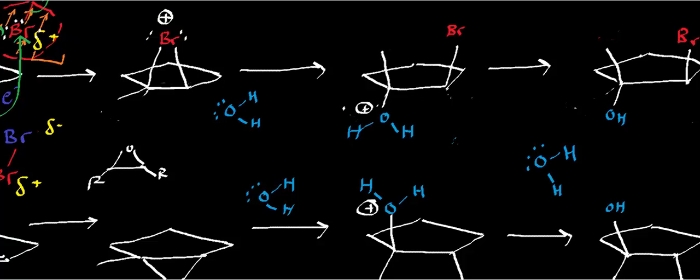So what's going to happen is water can attack one of these carbons. The question is, which one is it going to attack? Will it attack the least substituted or the most substituted? The thing to remember is this effect that carbon atoms have.